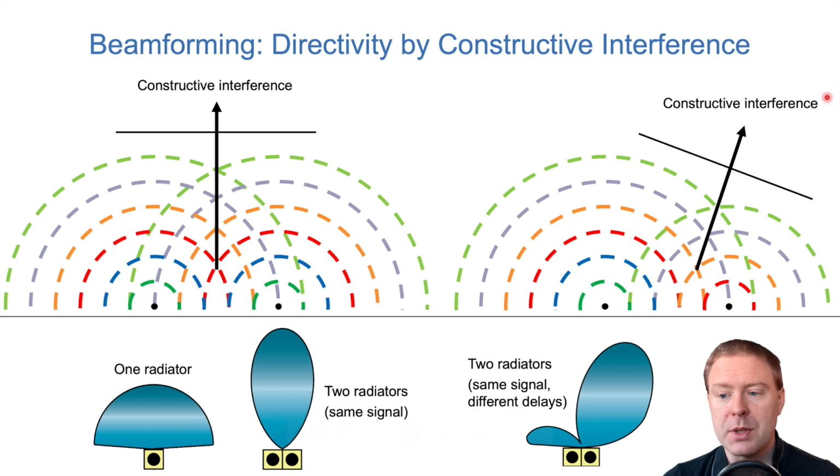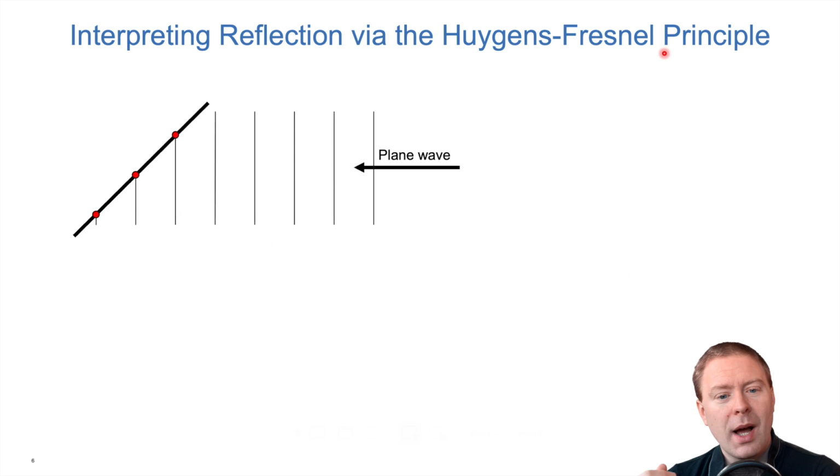And that means that when we start to measure the strength of the signal at different angular directions, this is what we will see. That we have a strong beam in one direction, and then in another direction it will be substantially weaker. So we can create directivity by constructive interference of signals transmitted from different locations, if we are controlling their delays.